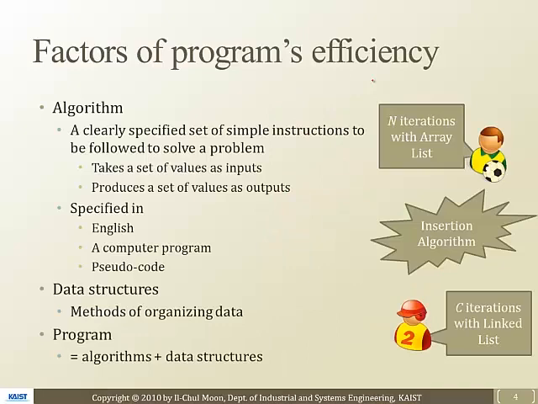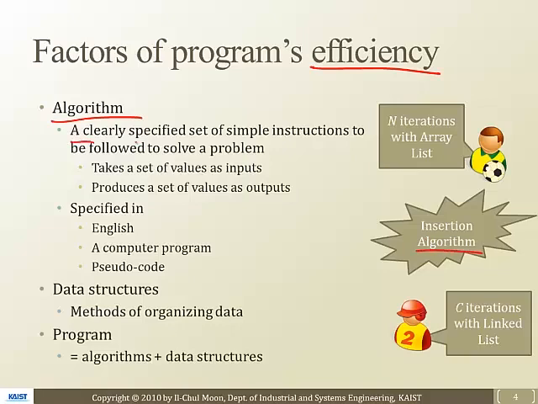Okay. So there are many different factors of programming efficiency, and one of the key factors is the algorithm. Okay, so the algorithm is like this. Insertion is the operation, but how to perform the insertion, the mechanism itself, is called the algorithm.